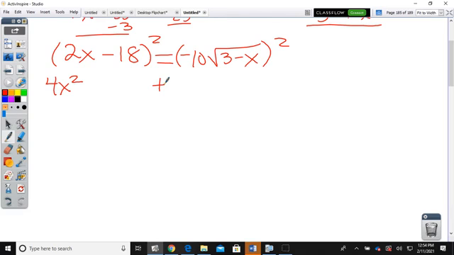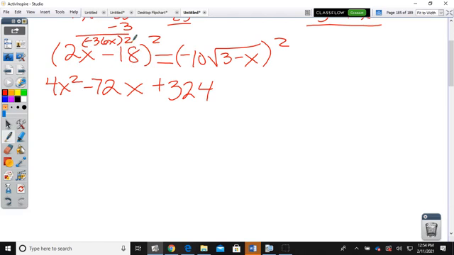What is it? 324. And then in the middle, 2x times negative 18 would be negative 36x, times 2 of them would be negative 72x in the middle. Wait, how did you get the middle? I multiplied 2x times negative 18. That's negative 36x. And I know I'm going to have 2 of them.